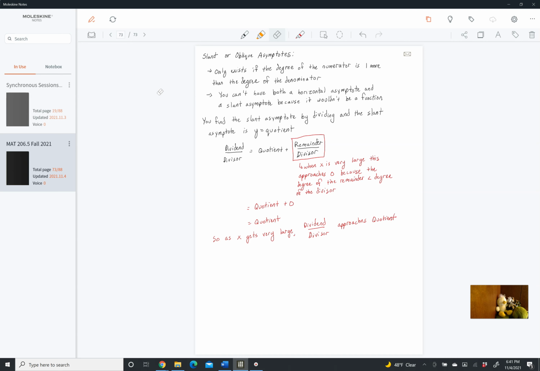Okay, so that's why we say that the slant asymptote is y equals the quotient, because this is y, right? Dividend over the divisor is y.